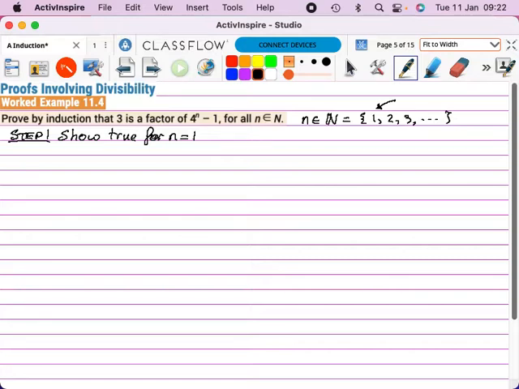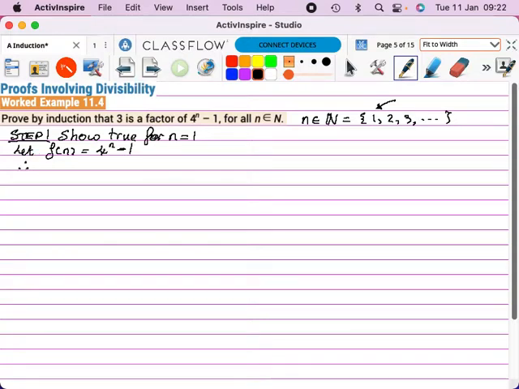What I do is I let f of n equal 4 to the power of n minus 1. Now this is very important. You can't do this without adopting this approach. So I now want to see whether the statement is going to be true for when n is equal to 1.